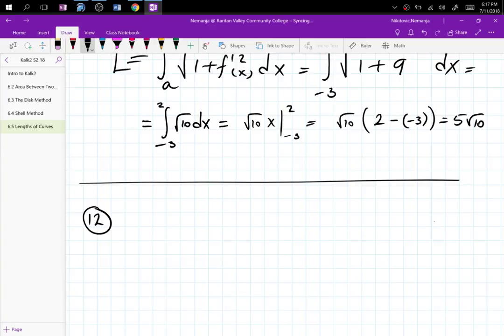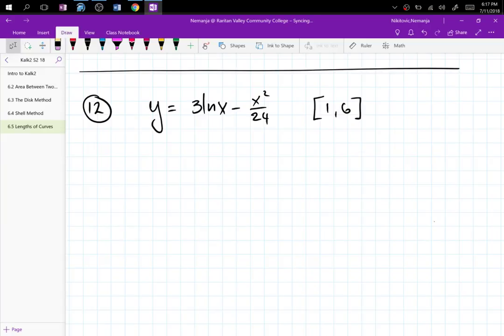So 12, the function is given as 3 ln x minus x squared over 24 on 1 to 6. It's amazing. Okay, we know where to start. Find the derivative first, so you can put y prime, f prime, dy dx, whatever makes you happy.